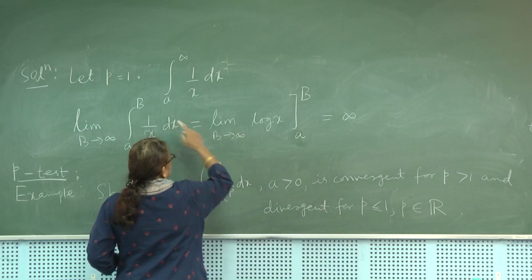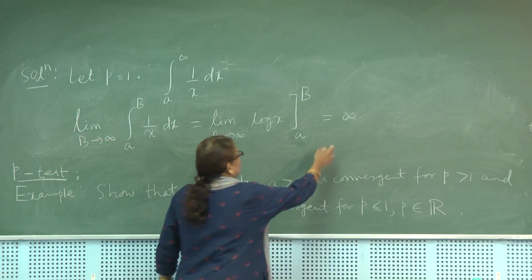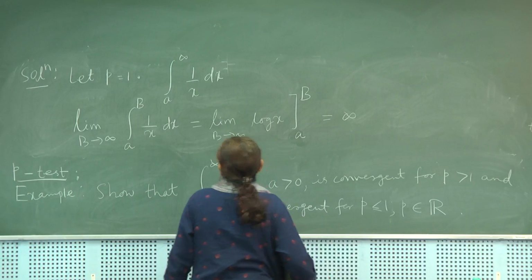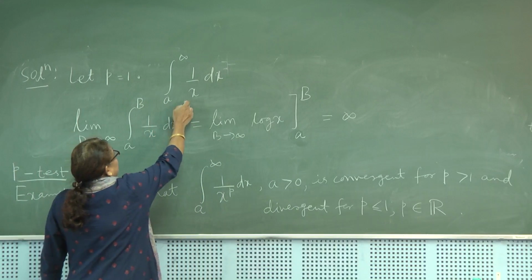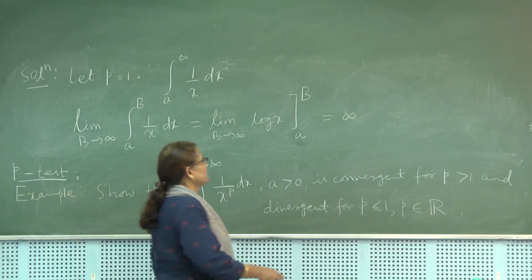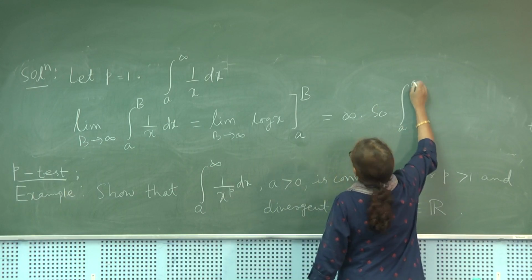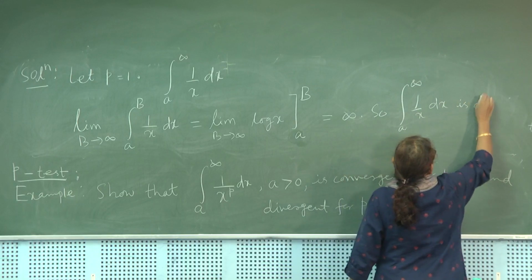After simplifying, you check that we get this value equal to infinity, and hence for p equal to 1 the improper integral is divergent. So, the integral from a to infinity of 1 upon x dx is divergent.